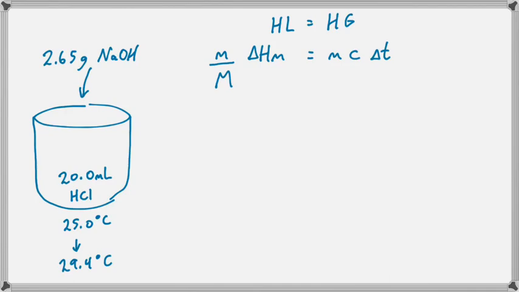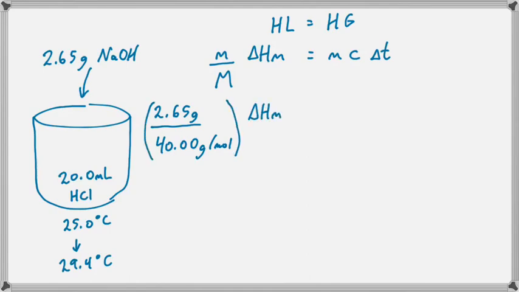Okay, the mass of the sodium hydroxide is 2.65 grams, and I'm going to need the molar mass of that so that I can solve the problem. And the molar mass of that is 40.00 grams per mole. Okay, so there's my mass over molar mass. Delta HM is what I'm trying to solve. And I know the mass of the water is 20 milliliters.